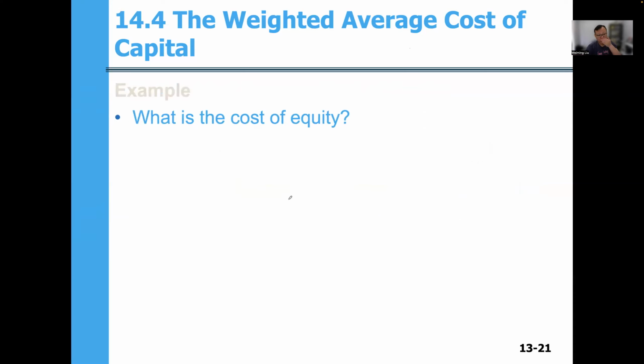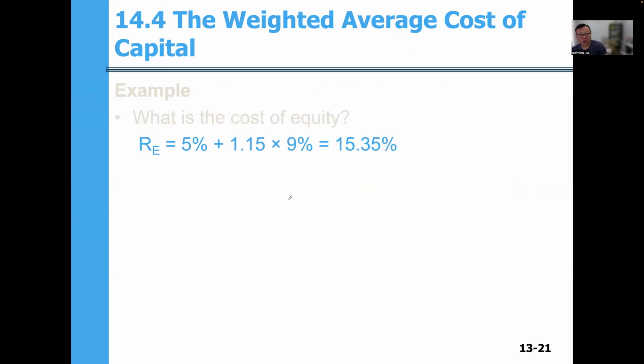So in this example, what is the cost of equity? Well, I can use the CAPM model. So I use RE equals RF plus beta times the market risk premium.